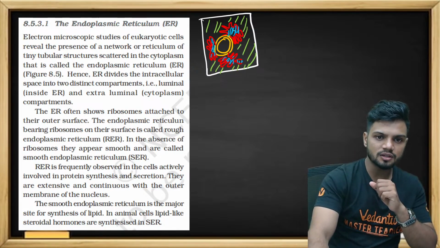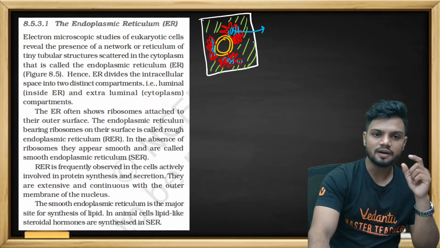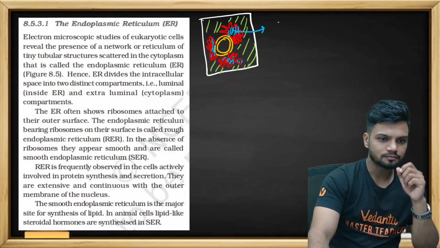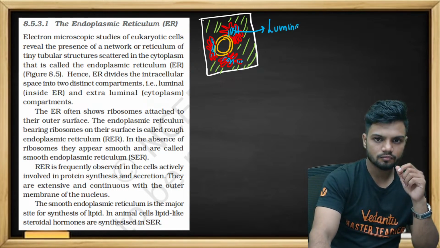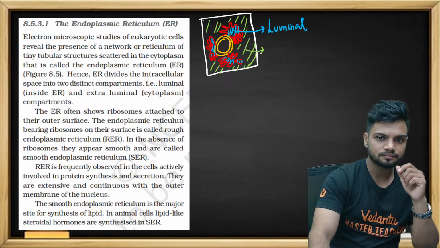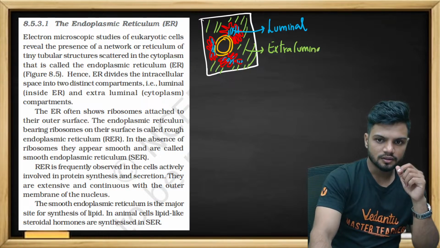This blue region inside the ER, which is dividing the cell into two halves, is called luminal. This green color part is called extraluminal. This extraluminal part is basically the cytoplasm, right?